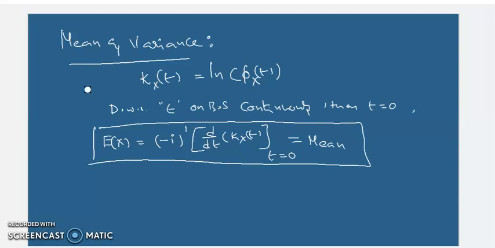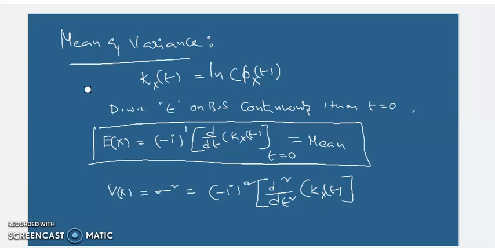And what is the variance formula by using C.G.F? Variance V of X, sometimes also written as sigma square, is equal to (-i) whole square into d square by dt square of K_X(t) at t equal to 0.